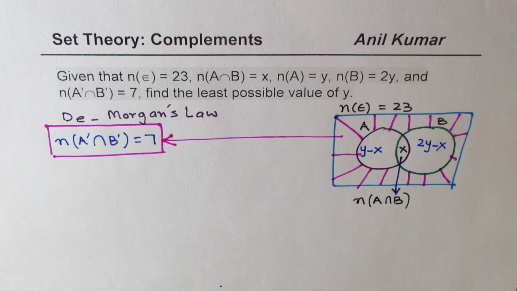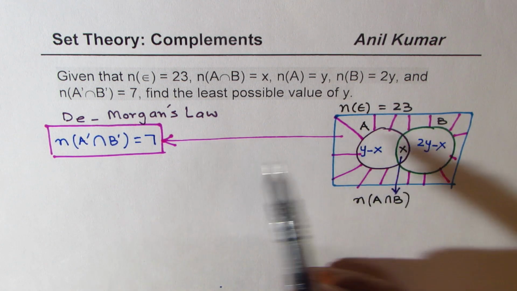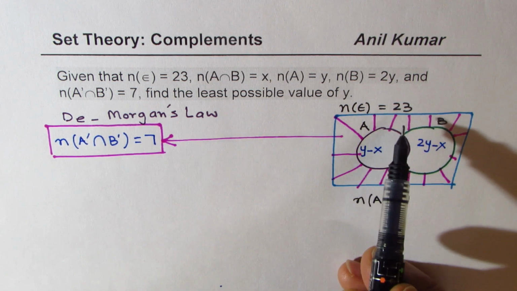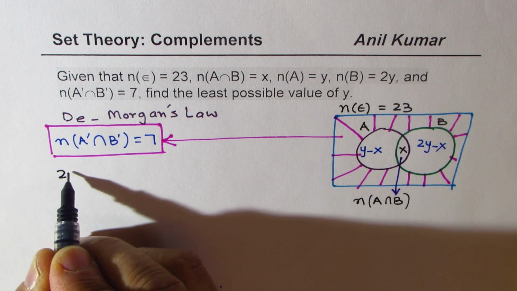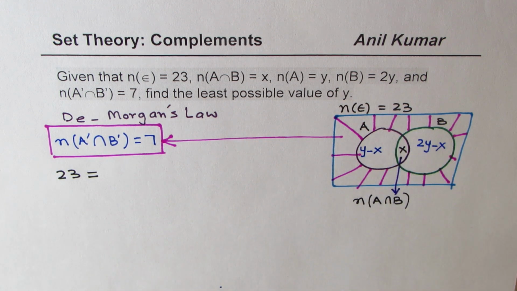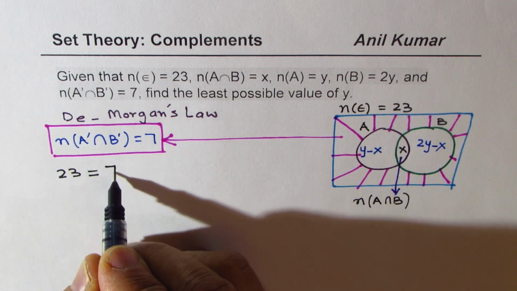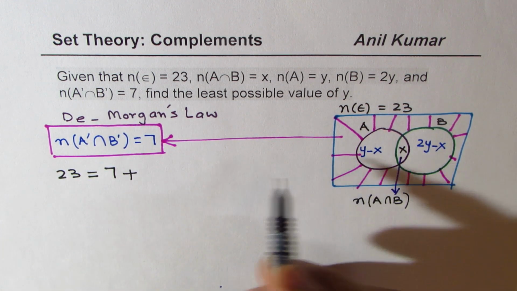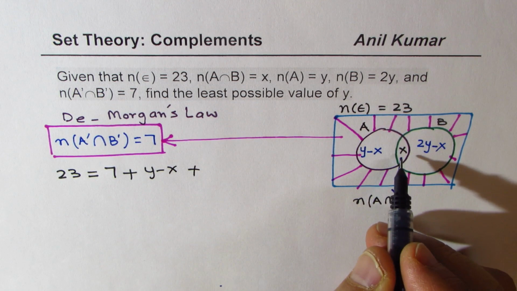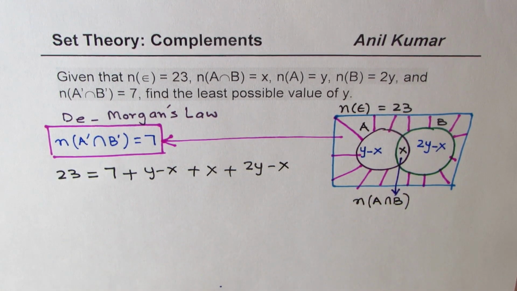Now from this figure it is absolutely clear how to get our equation. Total is 23 and not within these two sets is 7. So we get our equation, correct? So the total 23 should be equal to what is outside these two sets, A and B, 7, plus Y minus X, plus X, plus 2Y minus X. Doesn't make sense to you?